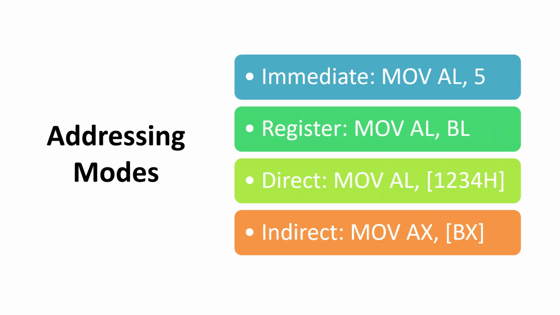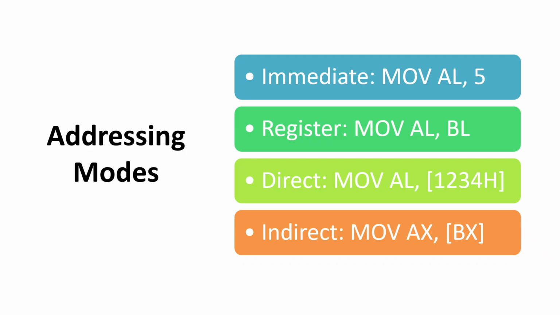In assembly language, addressing modes define how we access data for our instructions. The immediate mode directly gives the value in the instruction. For example, MOV AL, 5 loads the value 5 into the AL register. In register mode, the data comes from another register. For instance, MOV AL, BL copies the value from BL into AL. The direct mode specifies the exact memory address.